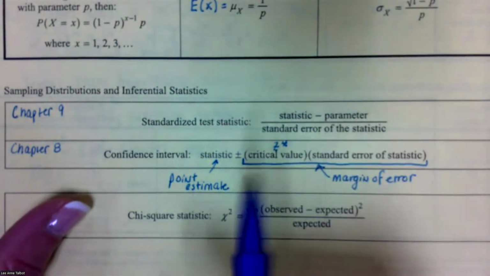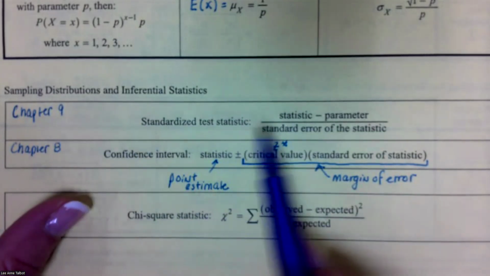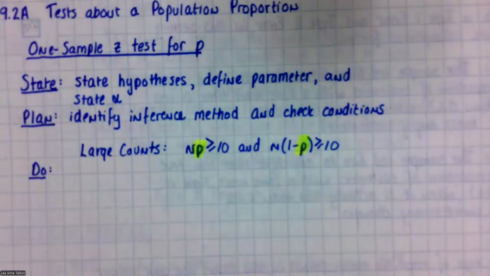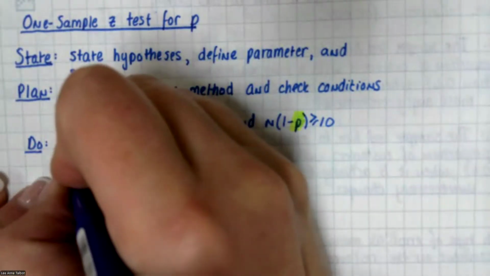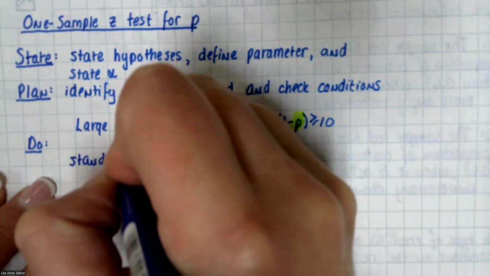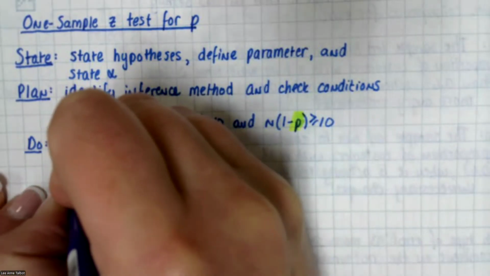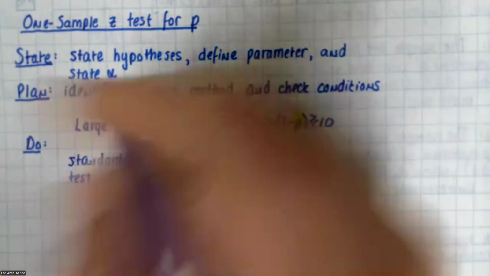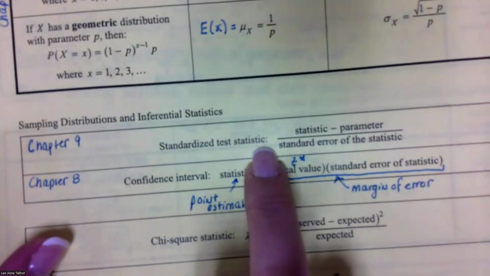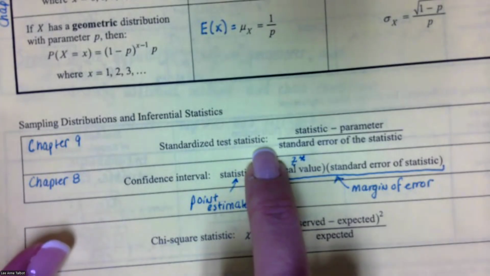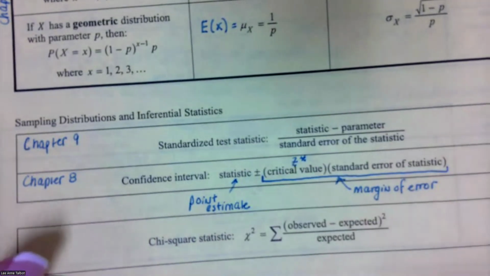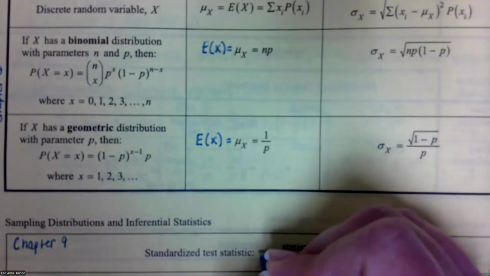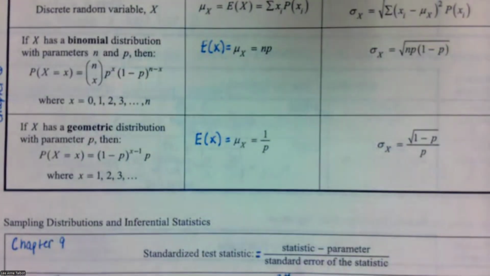Okay, so if you guys could write chapter 9 right here, and then we're going to copy this into our notes where it says do. And then, do you guys see where there's a colon here? I'm going to change that into an equals. This should be a formula. This should be equals. I don't know why it's not equals. We can actually make it equals if you want. I'm fine with you guys putting an equals in there.